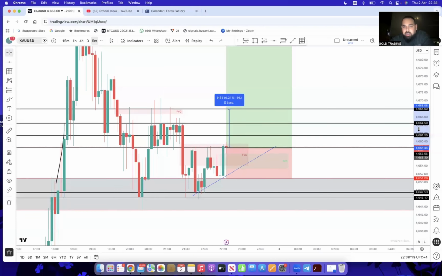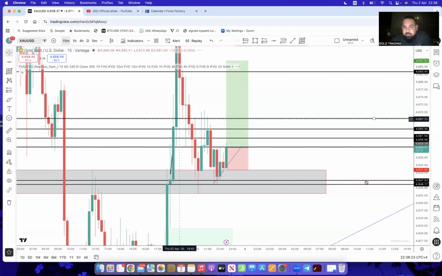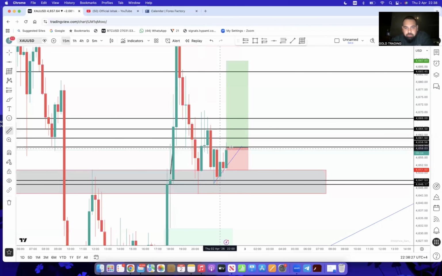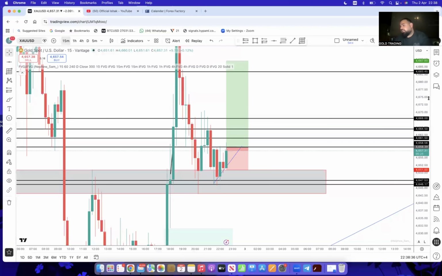And if this goes to my golden number, so I'm going to go back to a 15-minute time frame, from my entry, 246 pips. My golden number is 46.83. Just so you guys are fully aware.